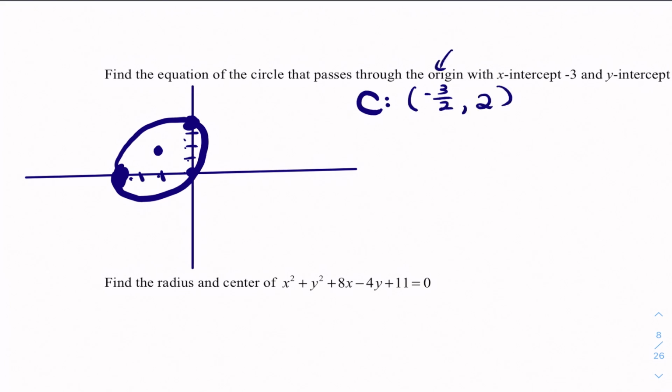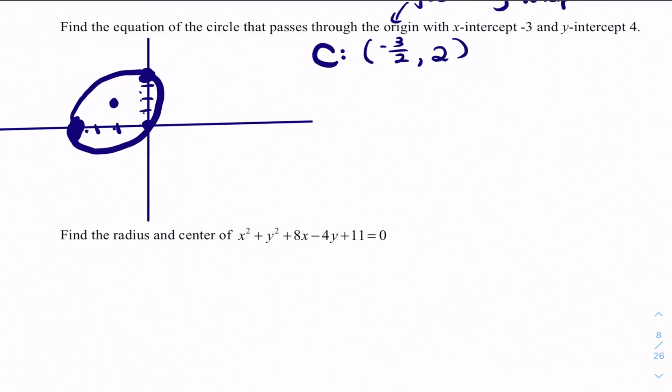And note, this is just using midpoint, because the center has to be in between those two x and y intercepts. So we can start writing the equation of our circle: x plus 3 halves squared plus y minus 2 squared is equal to r squared.